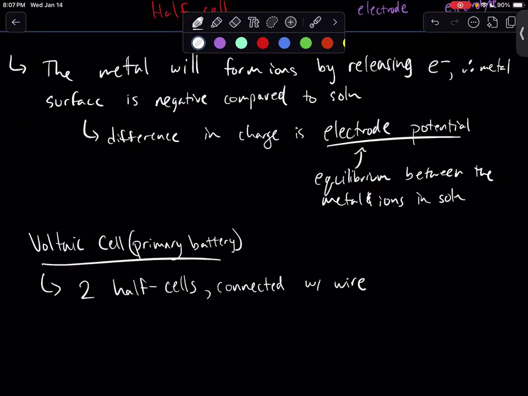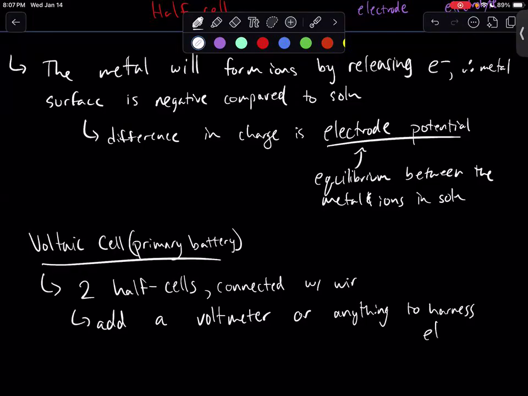You can also have anything as well to harness the electricity. So you can add a voltmeter or anything to harness electricity between your half cells.